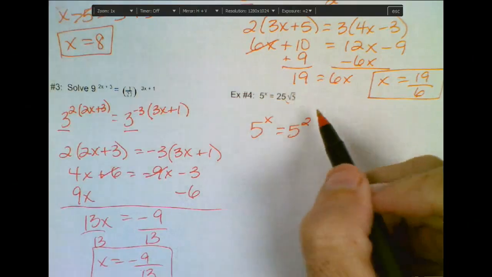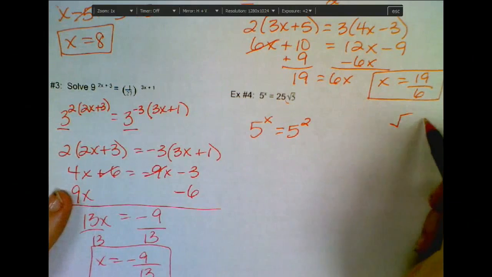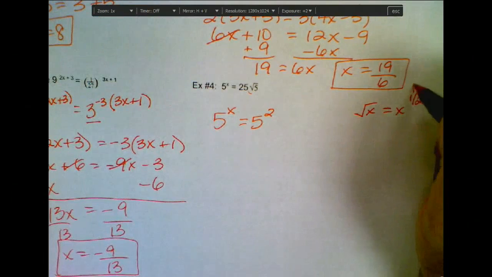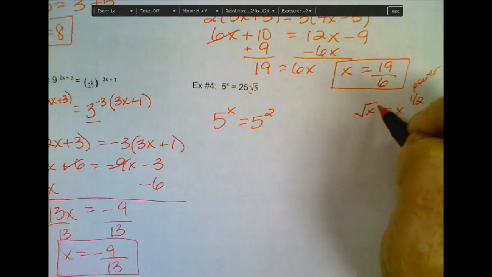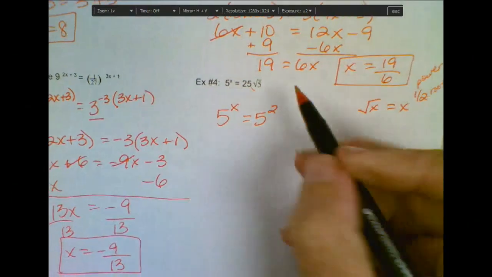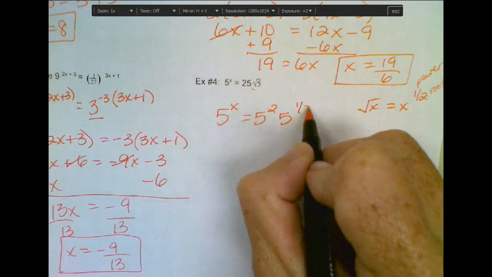What is the square root of 5? Remember that the way you write square roots as a power is x to the 1/2. This is your power, x to the first, over your root. We're taking the second root. Okay, so times 5 to the 1/2.